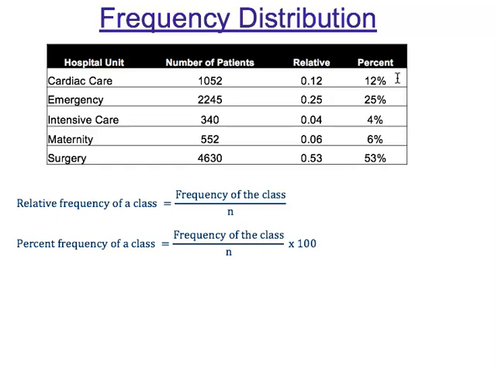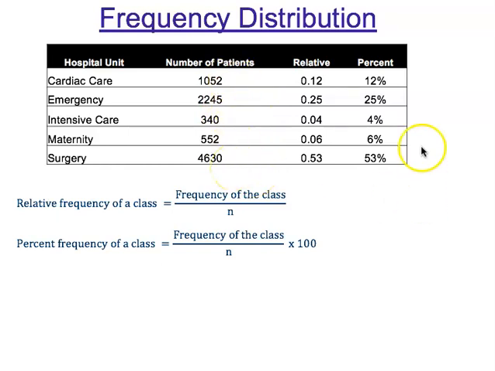frequency. And you'll notice if we do that for each of the units, we have a new way of interpreting the data, and this might be more useful. If you were doing a presentation as a hospital administrator, you're probably going to use percentages to display the different hospital units and illustrate the number of patients rather than the raw numbers.